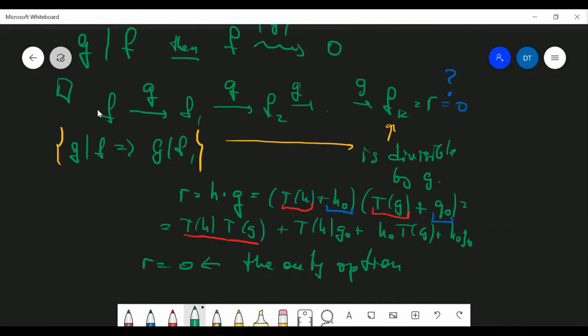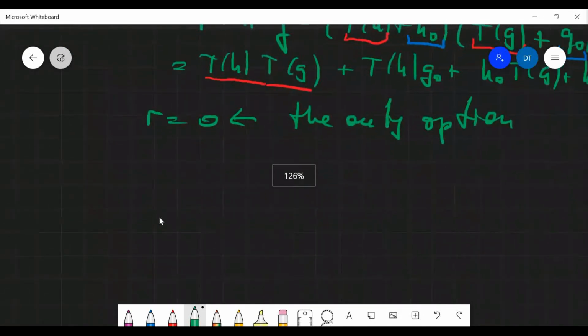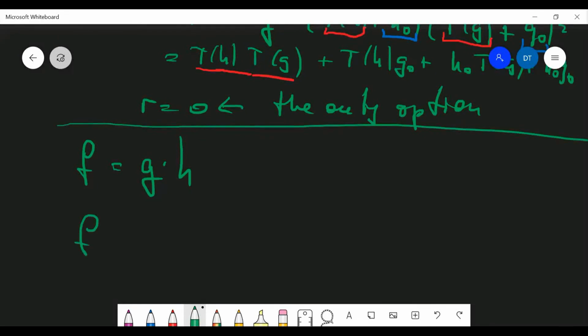So if this is divisible by g, why must its elementary reduction be divisible by g? Okay, let's prove this. If f is divisible by g, it's represented as g times h. But now let's take its elementary reduction with respect to g. By definition, the elementary reduction is of the form f minus some coefficient, some term, and the polynomial g.